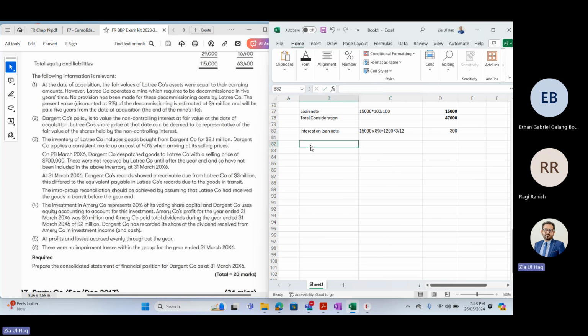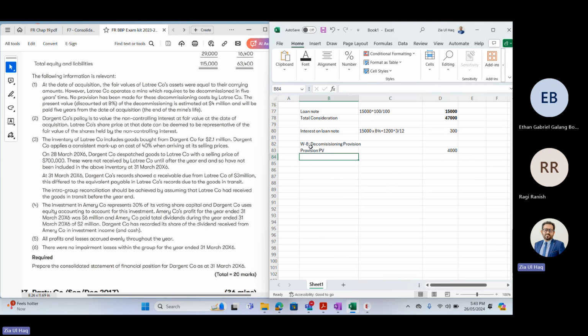Make working note 8 here regarding decommissioning provision. So provision PV is 4 million.